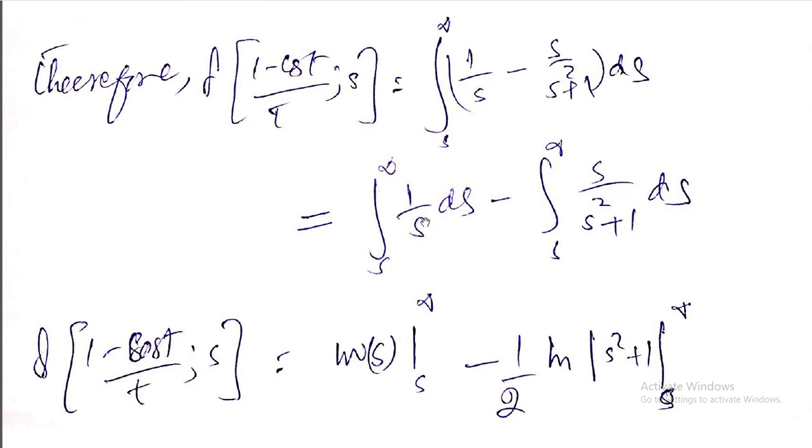For 1 by s ds, we use the formula ln of s, with limits from s to infinity, minus, since the derivative of s square plus 1 is 2s ds, we just need to multiply by 2 and divide by 2. So minus 1 by 2, and then it becomes ln of s square plus 1.